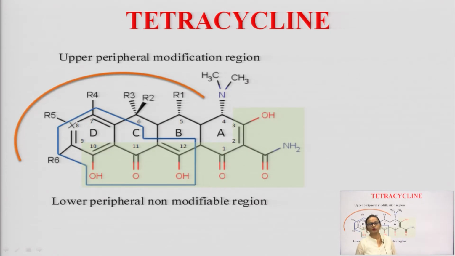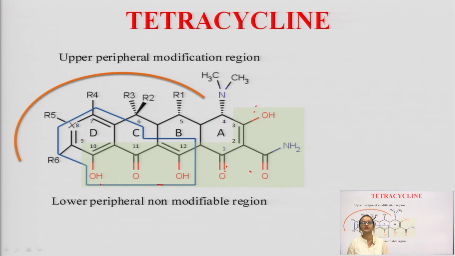Now, coming to our conclusion, in the SAR study of tetracycline, what points do you think are important? The things are that ketoenol tautomerism is there, the CONH2 group is there, alternate OH-O are there. These things are essential. Why are they essential? Because they are used for binding, they bind with the 30S ribosomal subunit.